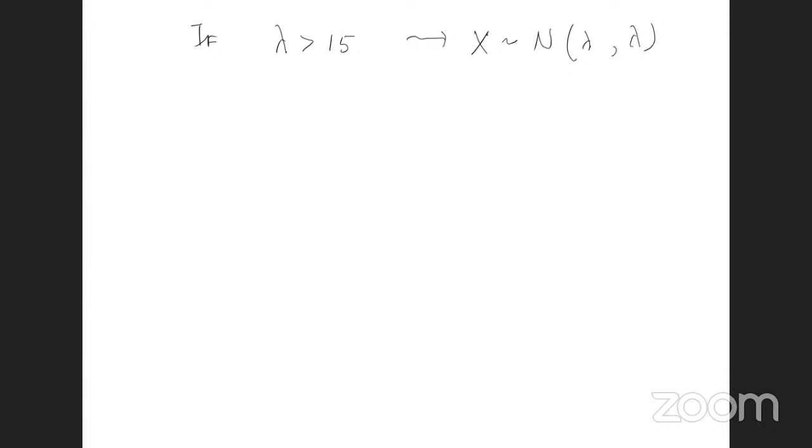So remember, you go from discrete to continuous, so you have to apply continuity correction.